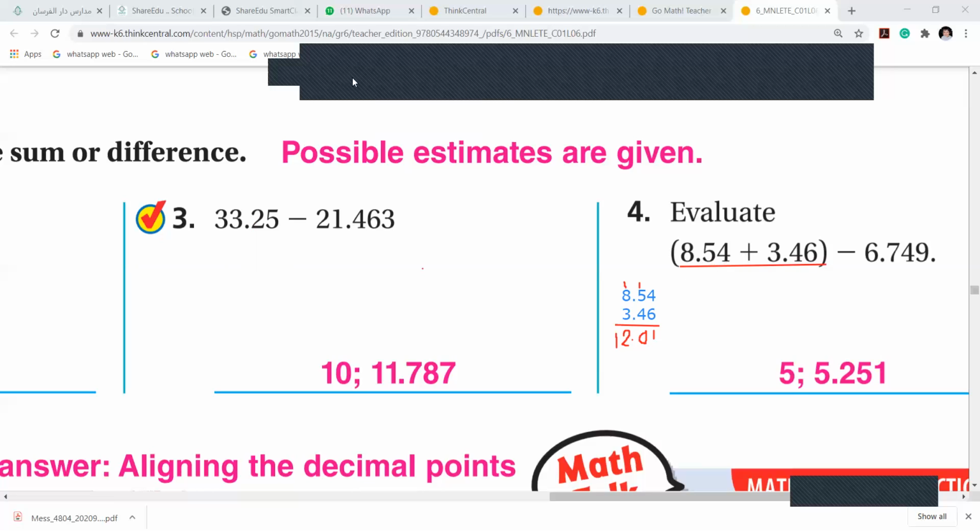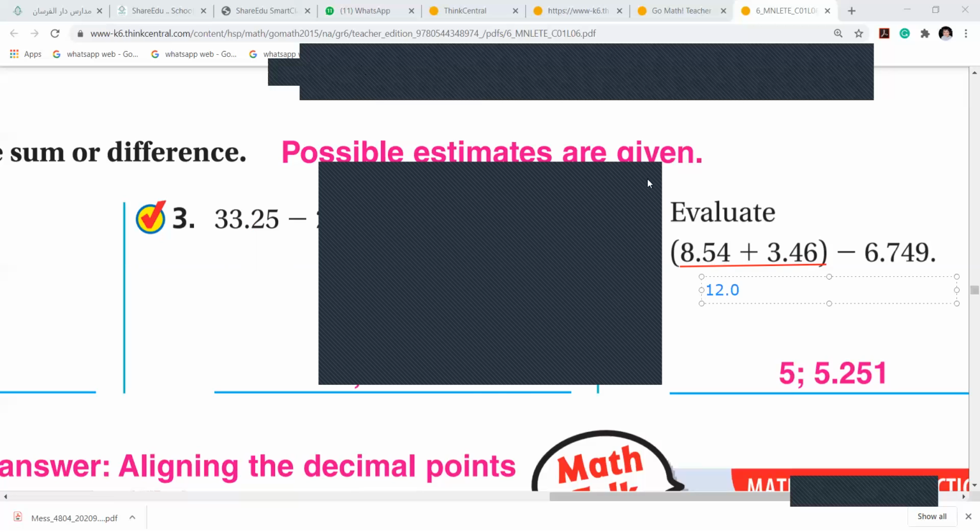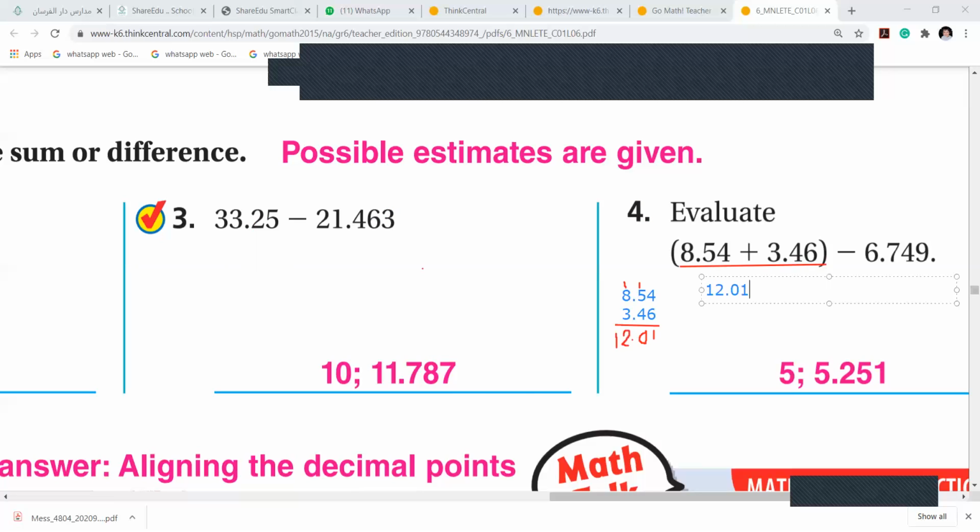This 12.01, I need to subtract with what number?